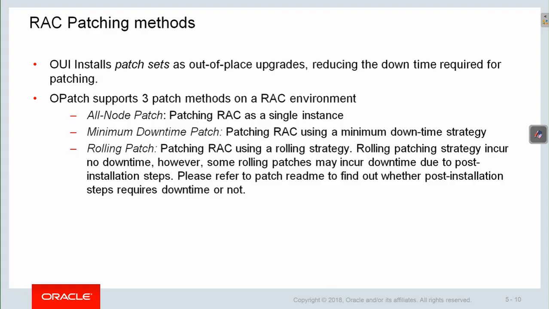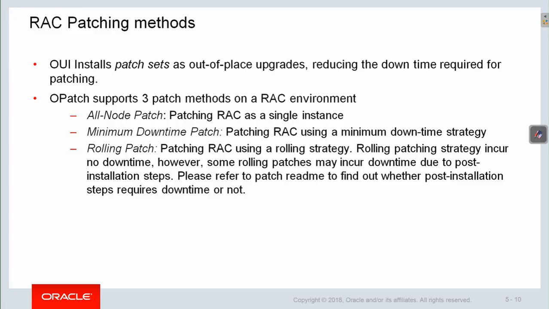And this is to reduce total maintenance time. However, there will be some downtime. And in order to minimize the downtime, you can patch group by group. So if you have a 4-node cluster, you patch the first 2 nodes, and then you patch the next 2 nodes.